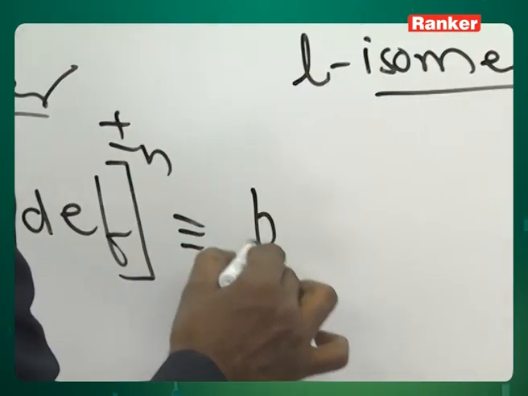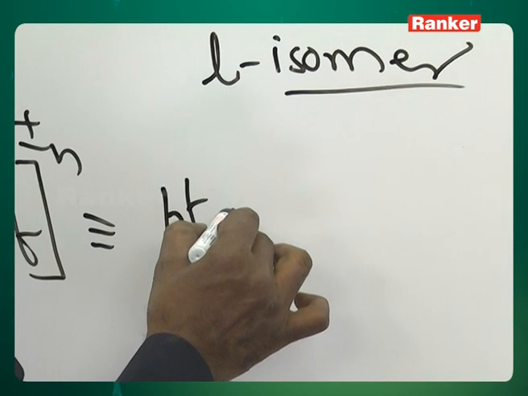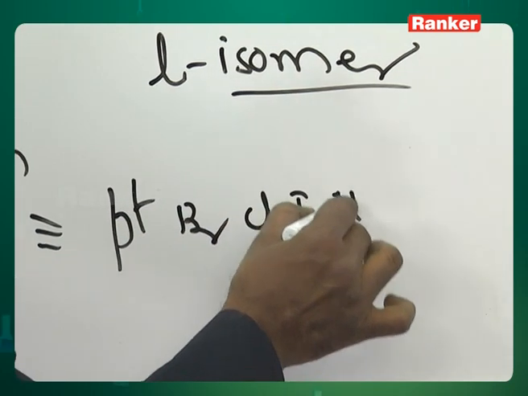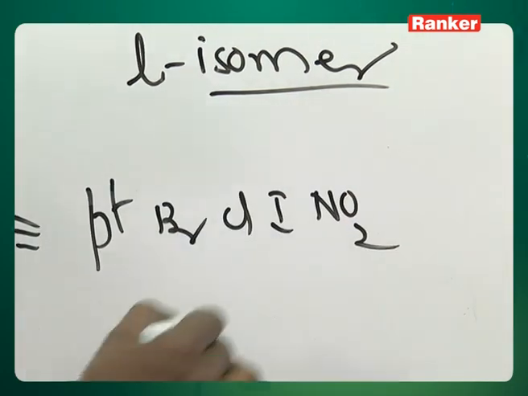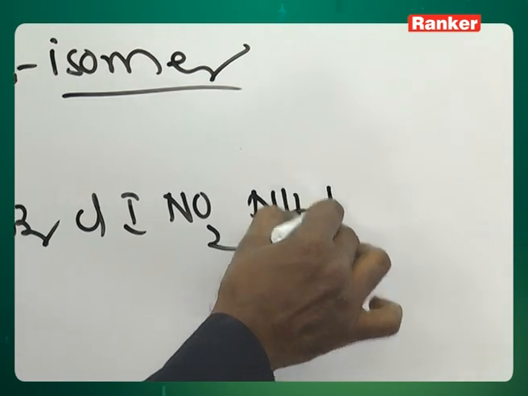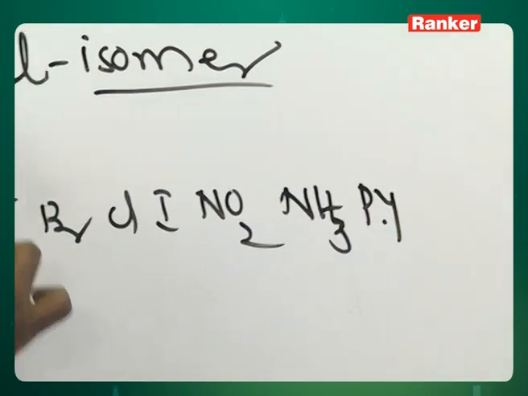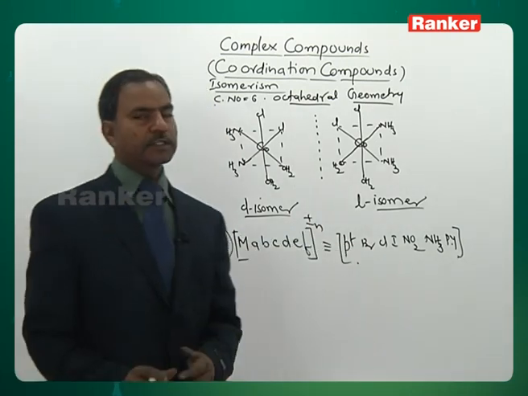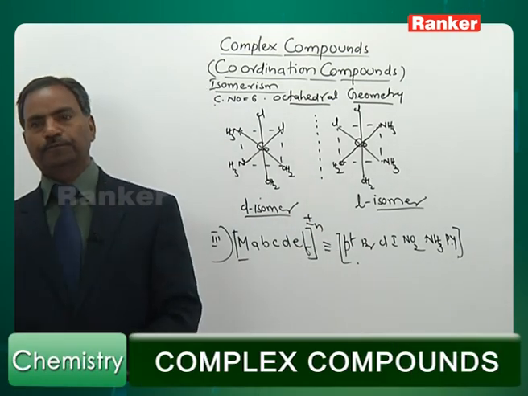Take a real example: platinum, bromide, chloride, iodide, NO2, NH3, NH3 and pyridine. This is the complex. Recall it from geometrical isomerism also. I have given this particular complex.